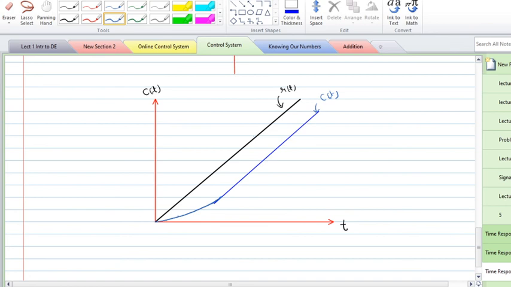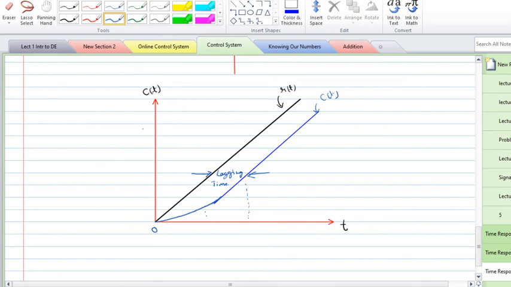Here in this case, the response will always lag by this time. Okay, this is your lagging time, because here in this case it is measured horizontally, that's why it is a time function.